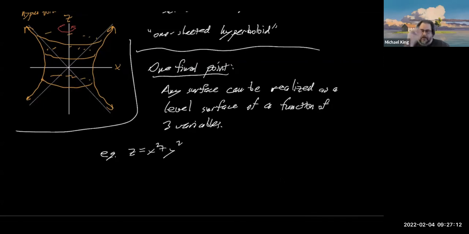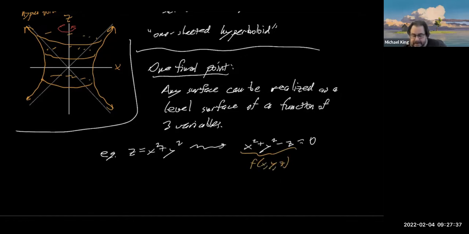That's rotating the parabola around the z-axis, which gets our bowl shape. We could subtract the z over to the other side, and then call this thing our f.